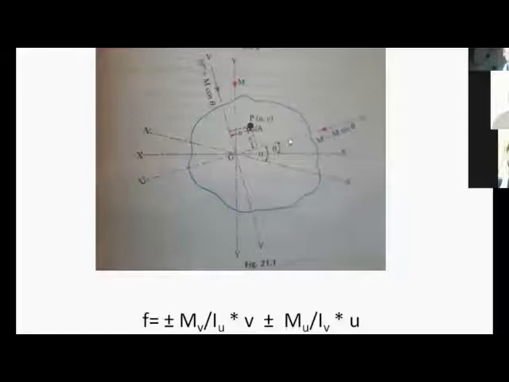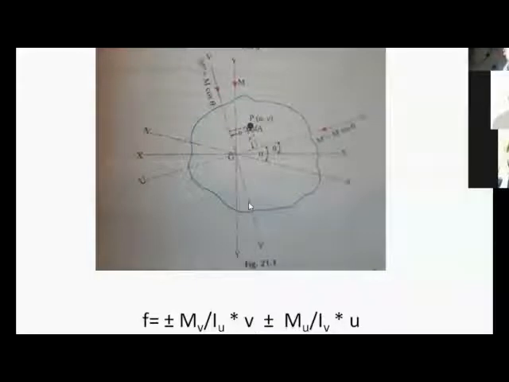Similarly, Mu is M sin theta, which acts about VV. Here you should be very careful. The component of this moment in the vertical plane acts about the horizontal axis normally, the UU axis. The component in the VV plane acts about the UU axis, and the component in the UU plane acts about the VV axis.